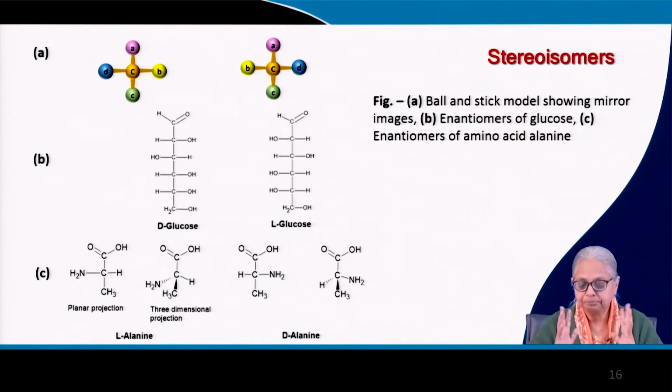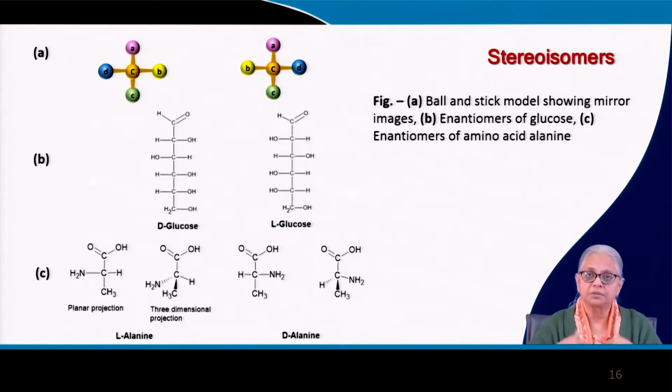So if you have an L glucose molecule, it is not going to be digested by the microorganisms or even by human beings. It will bypass the digestive system and it will be excreted. And that is the basis of some of these what are called sweeteners.